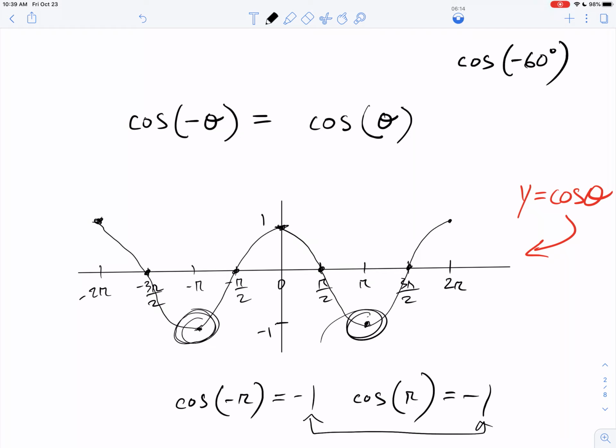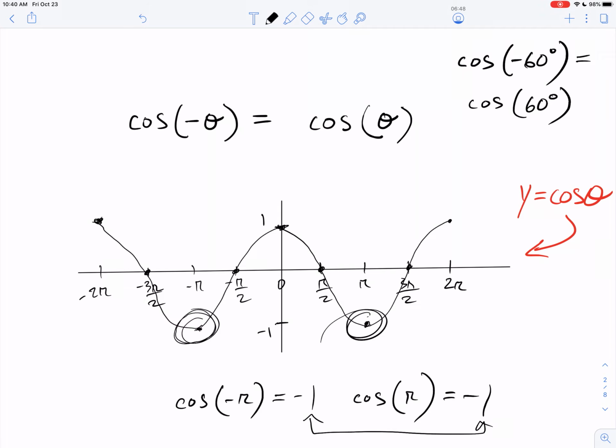I don't want to use the negative version, so I'll substitute in cosine of regular 60 because they will be equivalent. Some people like to do that. If you know the negative angle identities, you can substitute and interchange information to make your computations easier.